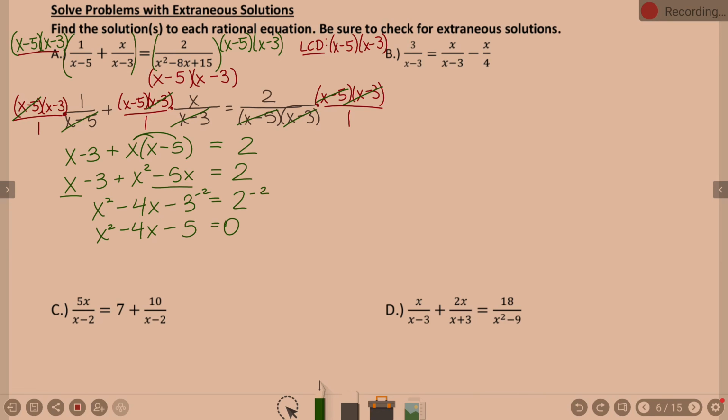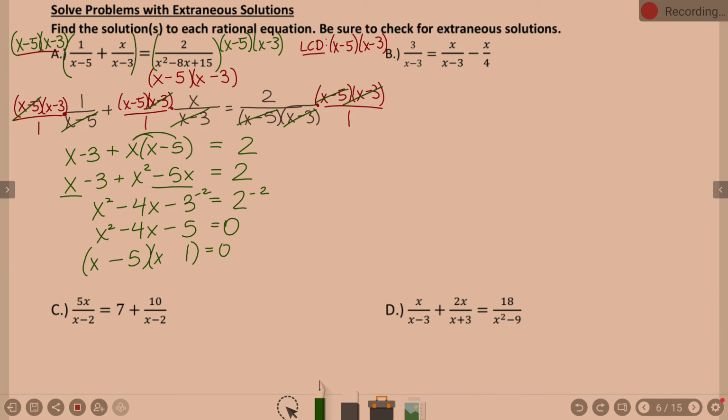Home stretch now. x squared minus 4x minus 5. It does factor, right? I'm going to be shocked if you get something that doesn't factor today. If you get something that doesn't factor in this homework, more likely than not, you probably made a mistake. It's probably supposed to factor. So, did you get this one factored? x and x, 5 and 1, and what were the signs?